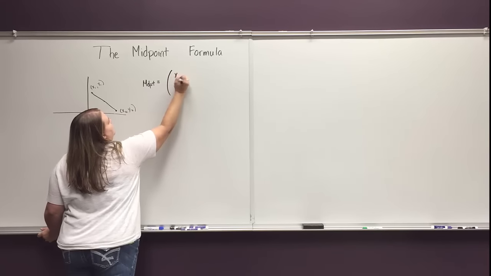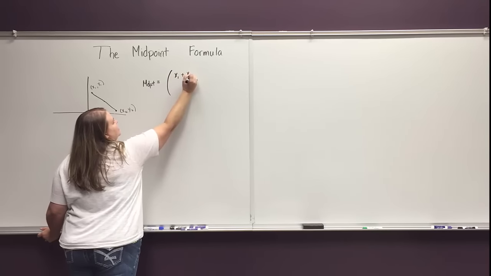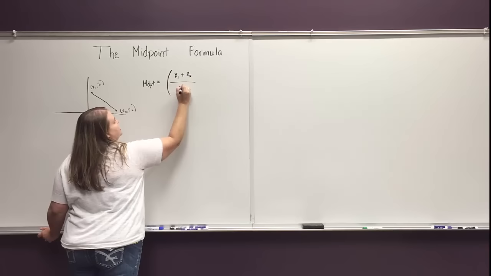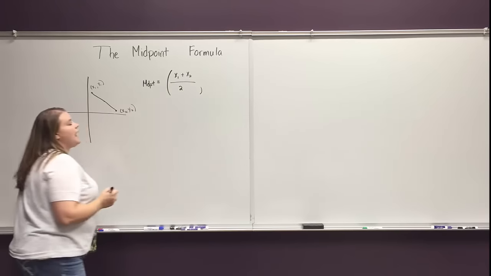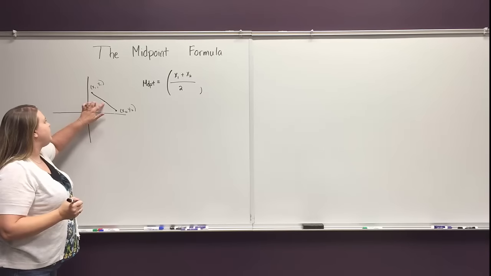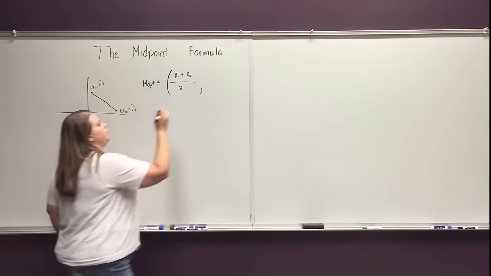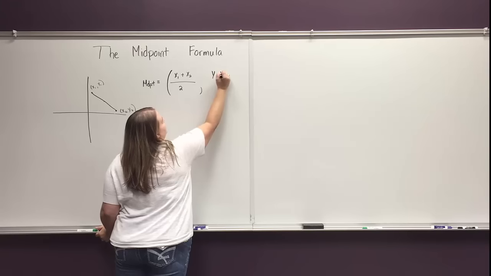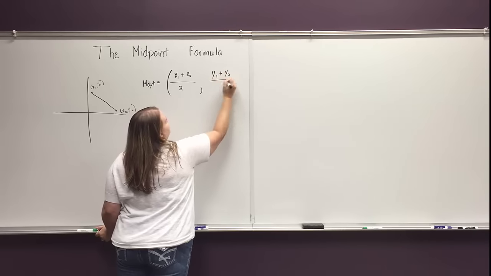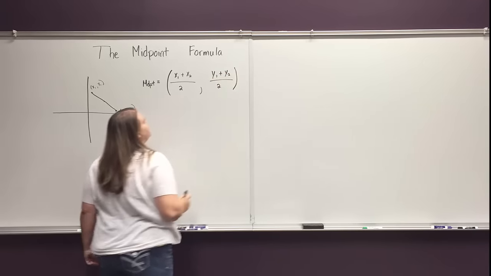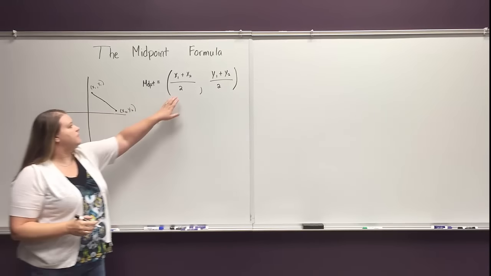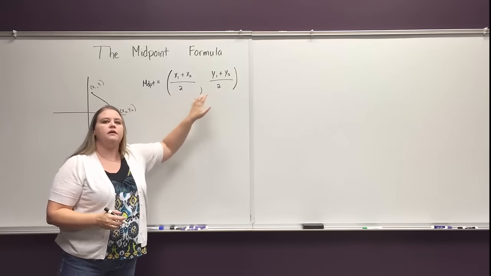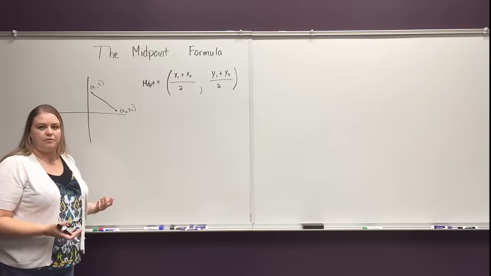So x1 plus x2 divided by 2. And we can find the y-coordinate by averaging these two y values. So y1 plus y2 divided by 2. And so this gives us the x-coordinate, this gives us the y-coordinate. We'll have our x and y for our midpoint.